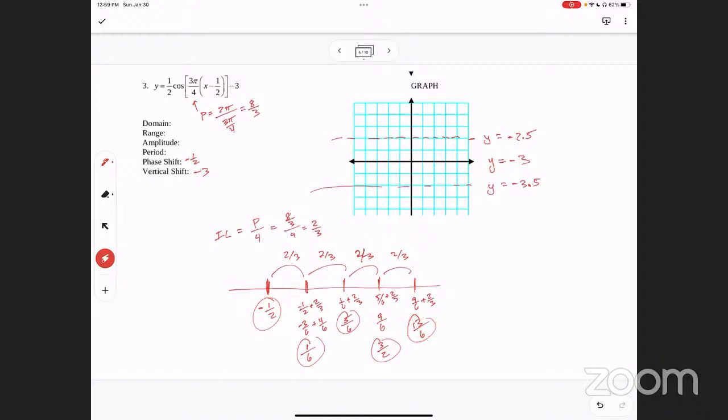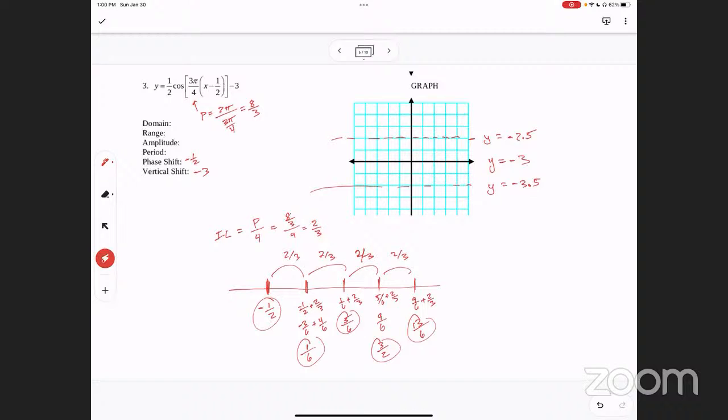Nope, that's not right. So what did I do wrong? That's not correct. I did something wrong somewhere. Let me go back and check. 8/3 divided by 4 is 2/3.